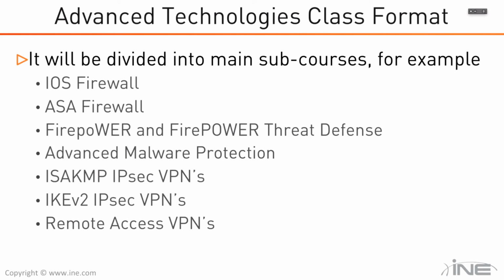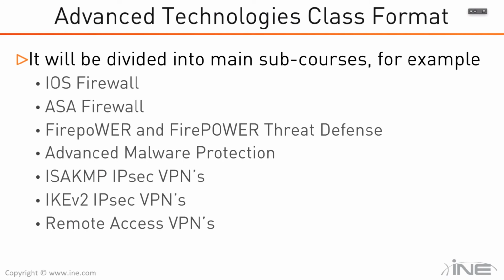And there's going to be one course for Firepower, the next-generation IPS, to call it that way, what's in the lab exam, and then one course for Firepower Threat Defense, Cisco's unified image for the ASA code and the Firepower code. We're going to have one class for Advanced Malware Protection, one class for IPsec VPNs IKEv1, IKEv2 IPsec VPNs, and remote access VPNs.